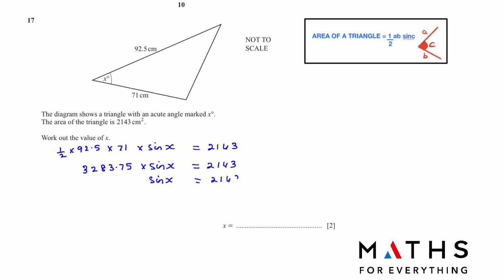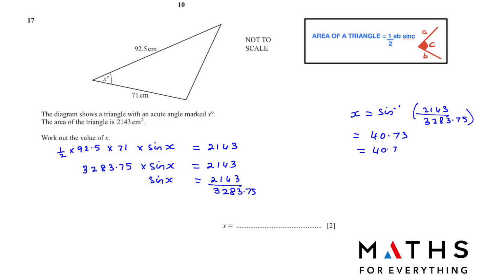So sine x = 2143 divided by 3283.75. You can either leave your answer like this and write x is equal to sine inverse of the whole fraction and you will get the answer 40.73, which we can write as 40.7.